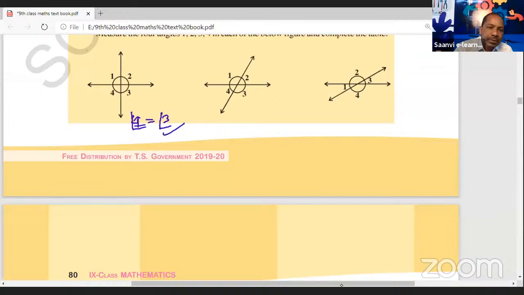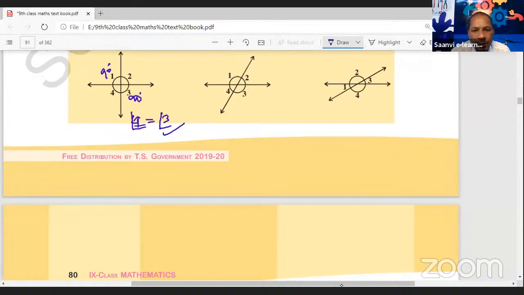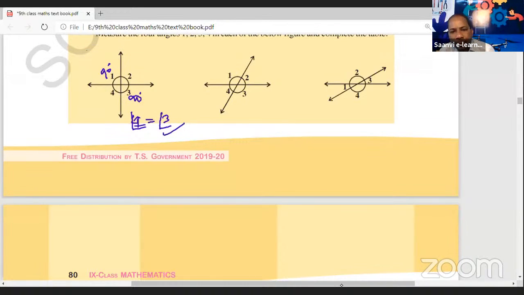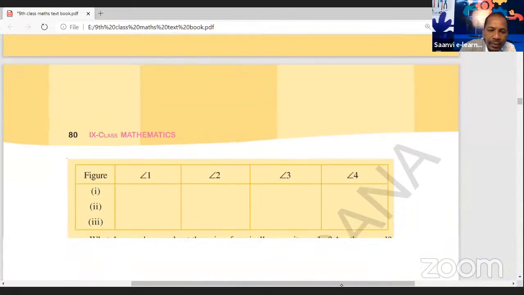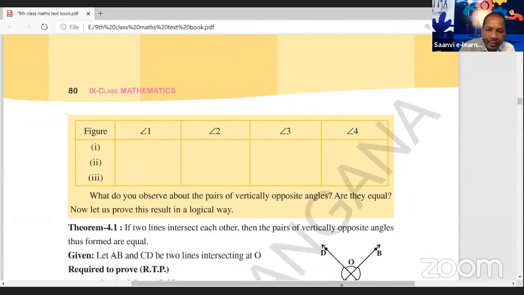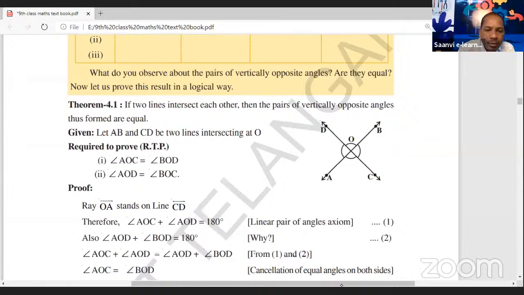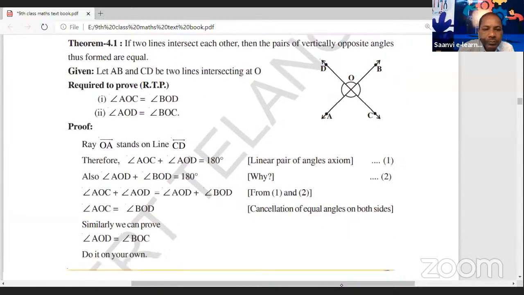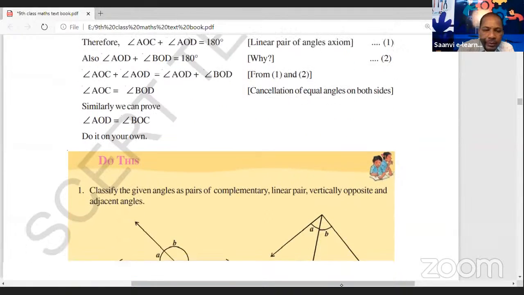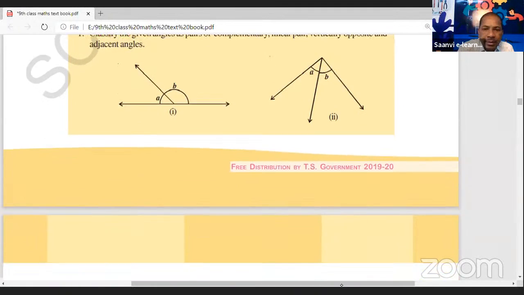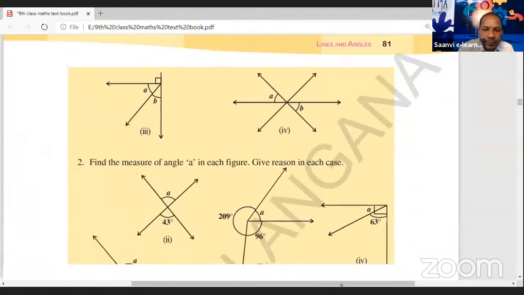It means, suppose if angle 1 is 90 degrees, then angle 3 also we get 90 degrees. So vertically opposite angles are equal. Okay, children, you have already learnt in previous classes how they are equal. So remember that vertically opposite angles are equal to each other.